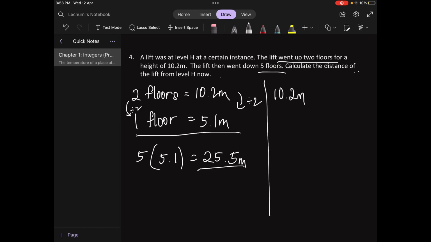Then we have went down by 5 floors. We are still going to add because it's moving, but since it went downwards, we are going to put it as negative: negative 25.5 meters. So the answer, if you follow the number line method or the sea level method or the debt and repayment method, whatever the method is, as long as the answer is correct, we are cool. So the answer would be negative 15.5 meters.